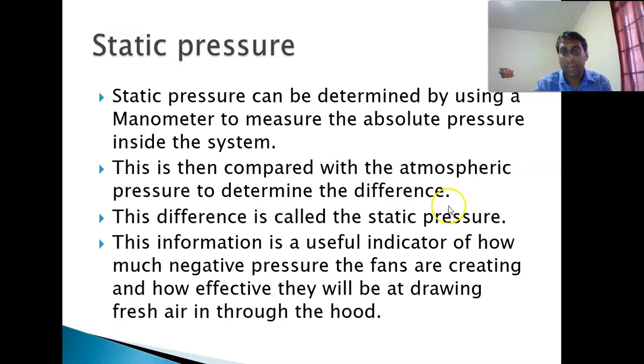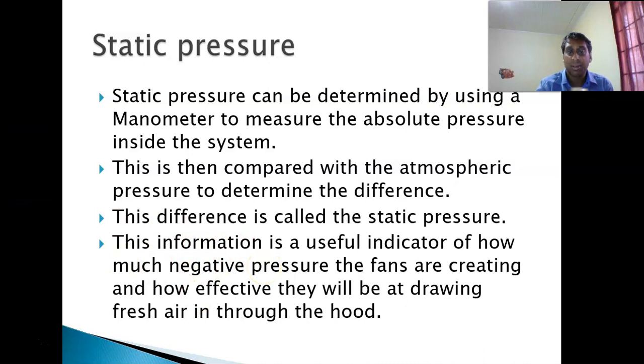Now again, this is another concept that we mentioned here, that you must know that suction is what is needed at the hood of the LEV system. Suction is what you call negative pressure, right?